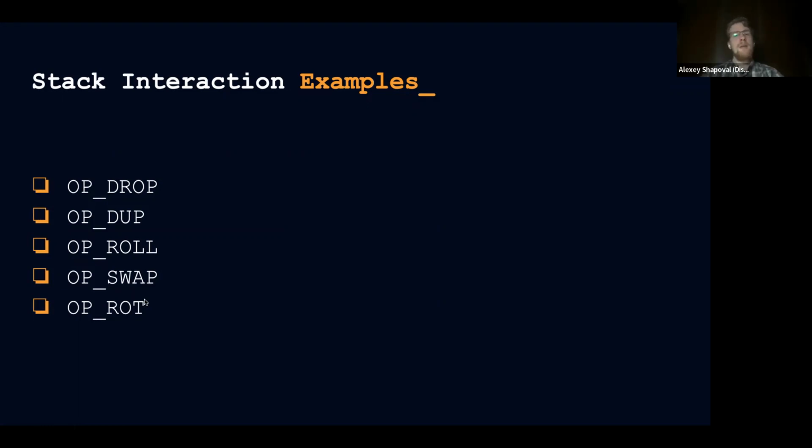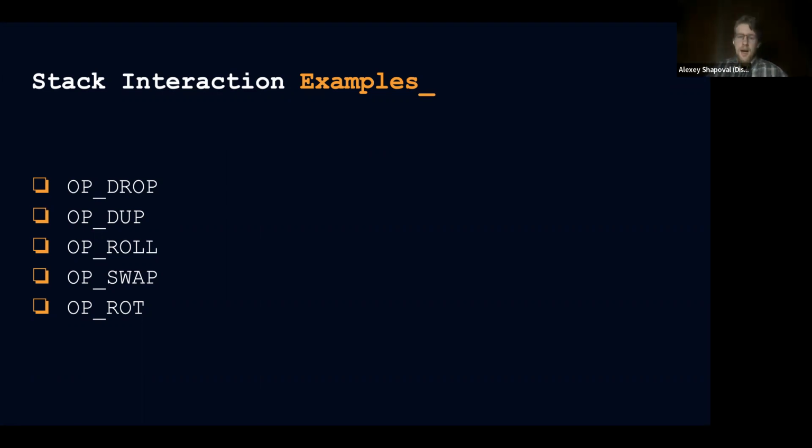So it may seem like some of these operations are pretty specific and may not seem like the ones you would use in your daily life or work. For example, OP_ROT, why would you need to take the third item and put it to the top? But all of these operators were created with the specifics of Bitcoin in mind.